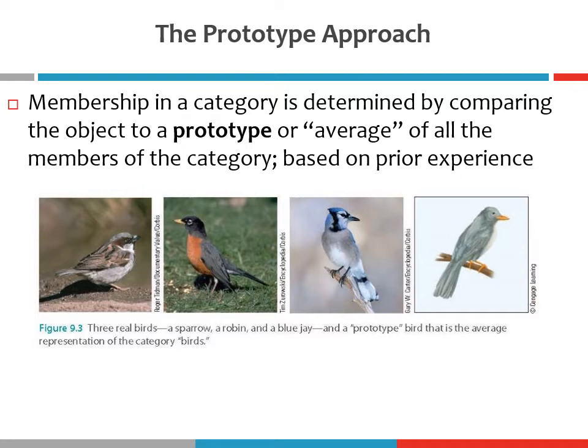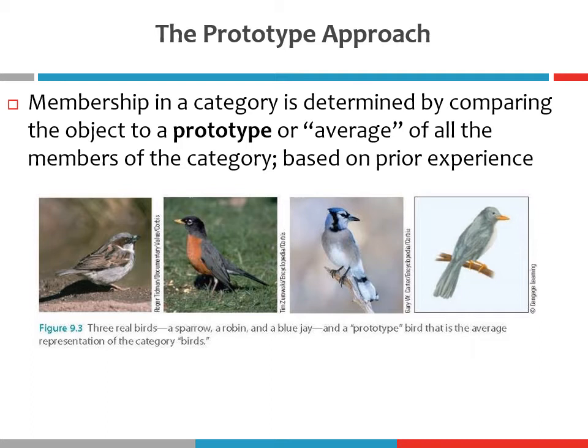So my prototype, or my statistical average, is going to have a lot of the same features of those types of birds, right? One of the things that's important to realize about the prototype approach is that the prototype isn't a physical or actual member of the category, but rather an average that your mind has created that takes into account all of the most frequent features of the various birds that you have encountered, right?